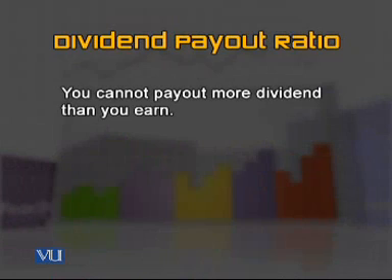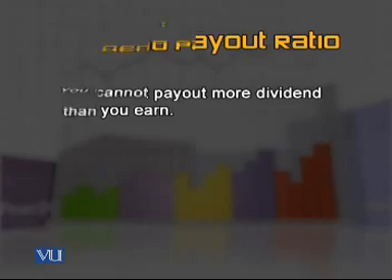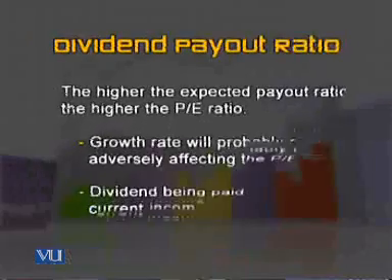Obviously, you cannot pay out more dividends than you have earned. So obviously, earnings shall be greater than dividends. You may pay out 100% of the earnings you've had, you may pay a part of it. It all depends on the policies of the manager. How much money they will want to retain into their reserves and how much they're willing to pay out.